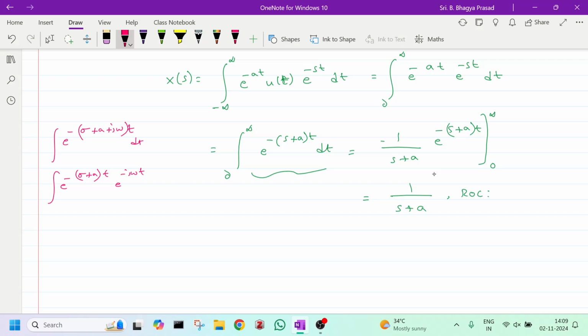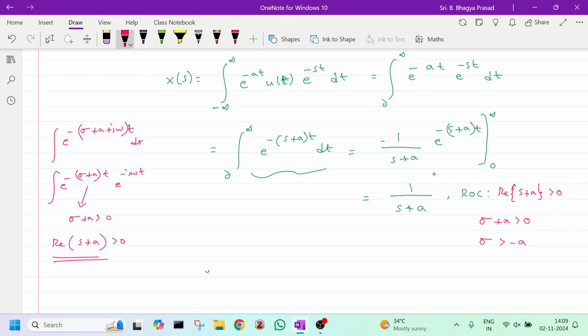This integration will converge when sigma plus a is positive, that is, the real part of s plus a is greater than 0. So this is the ROC: sigma plus a greater than 0, sigma greater than minus a.